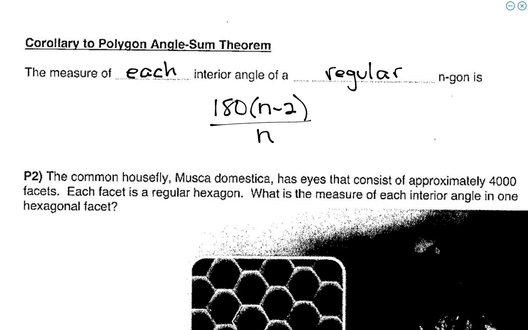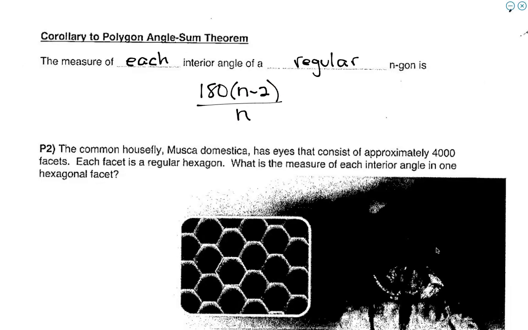So that's just for one singular angle. The numerator here is all of the interior angles divided by how many there are. You get the sum. You get the measurement for each individual interior angle.